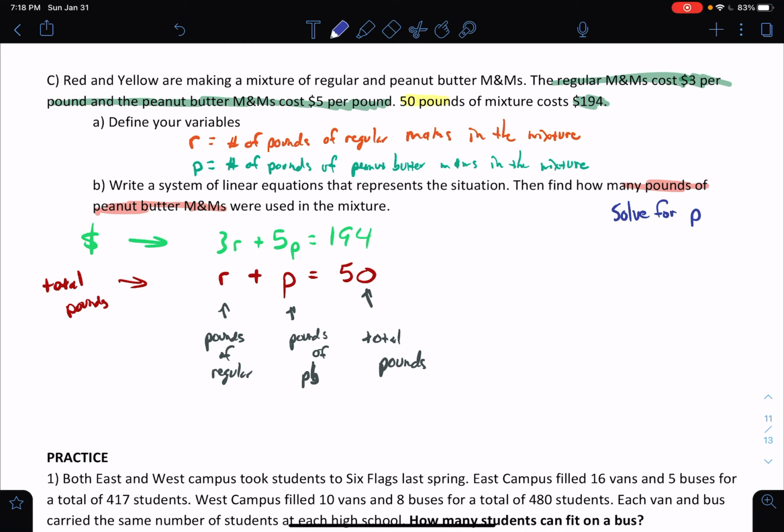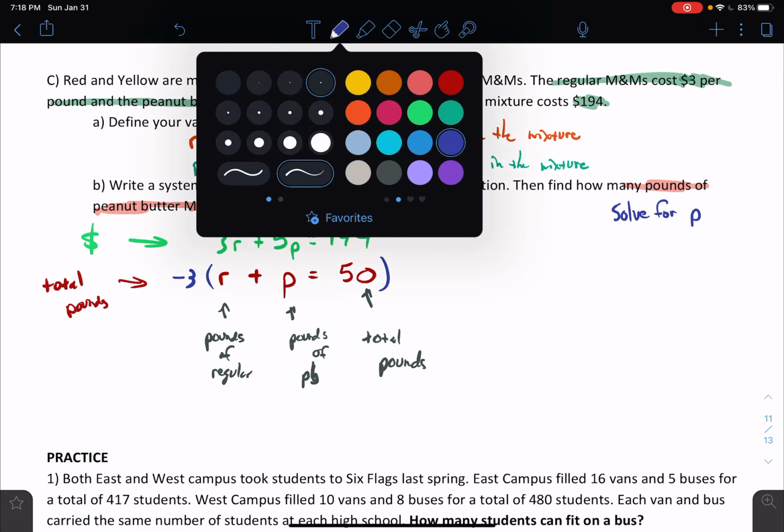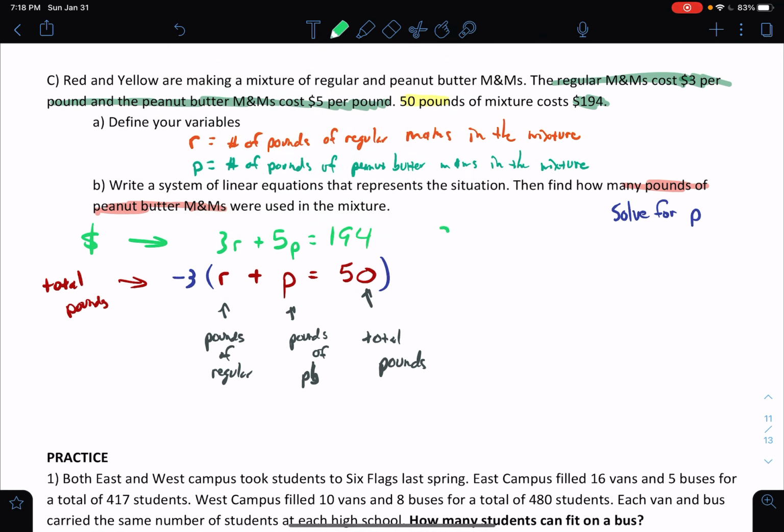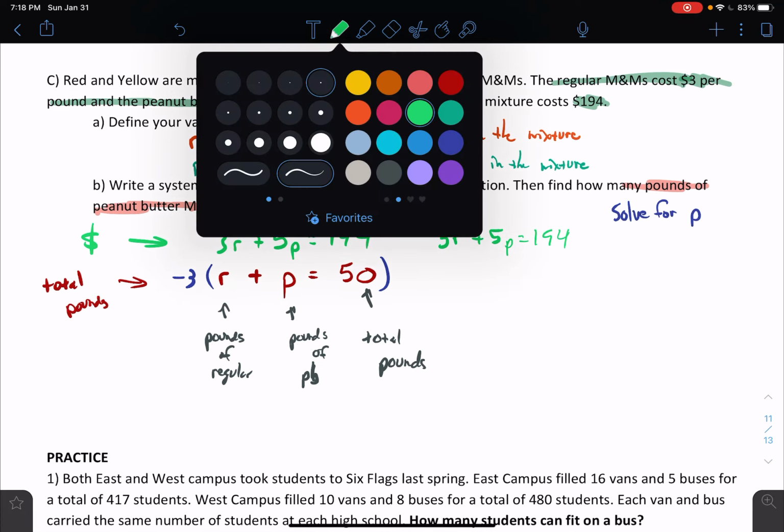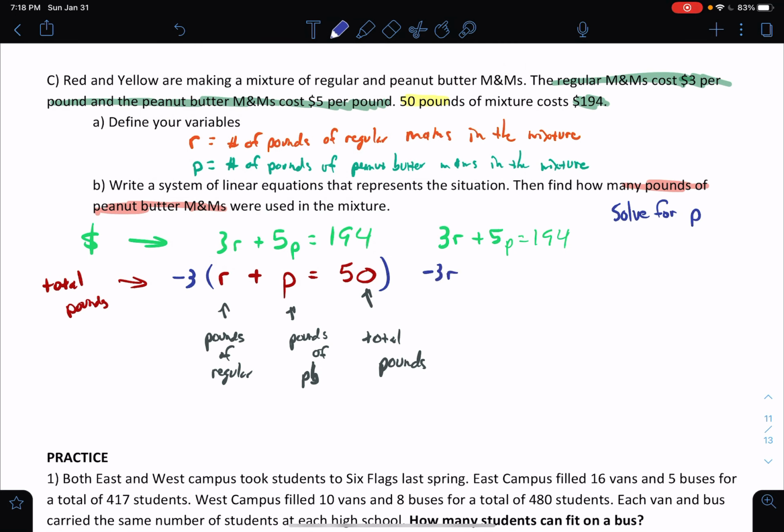So we have 3R and R. So I'm going to multiply this bottom equation by -3 so that the top equation can stay the same: 3R plus 5P equals 194. And the bottom equation is going to become -3R minus 3P equals -150.